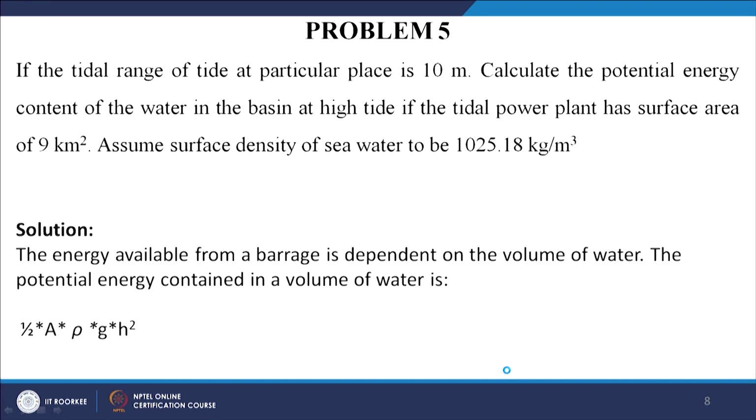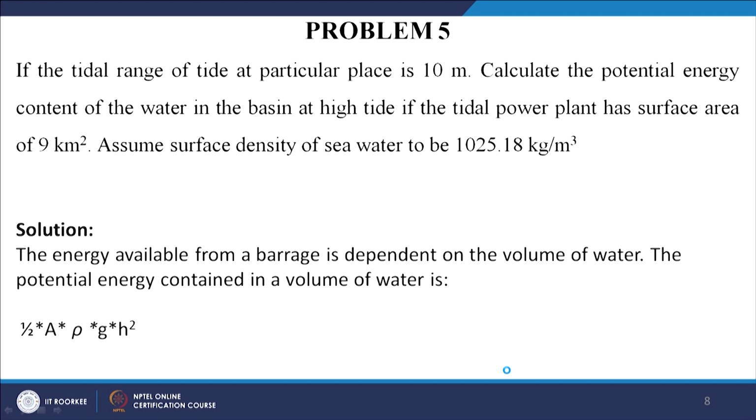So, problem number 5. This says, if the tidal range of the tide at a particular place is 10 meter, calculate the potential energy content of the water in the basin at high tide if the tidal power plant has a surface area of 9 kilometer square.